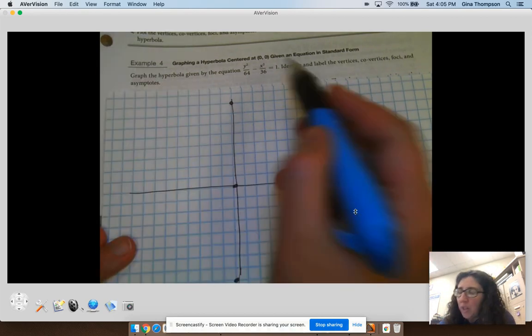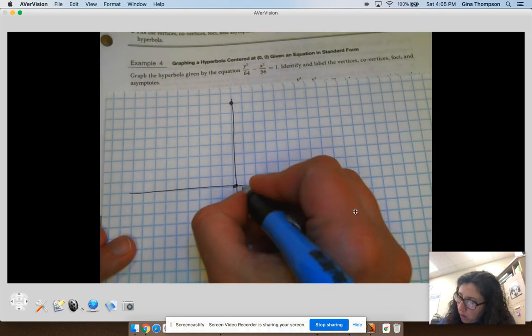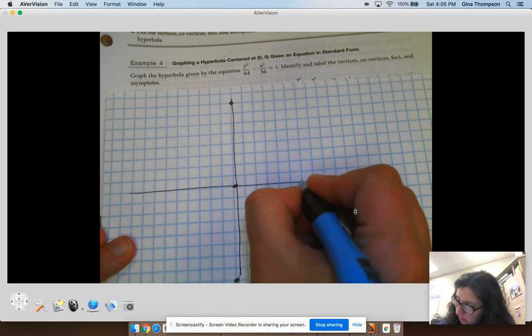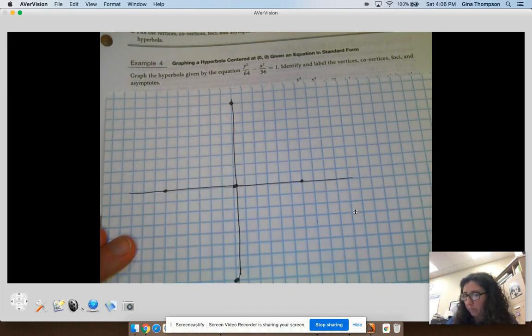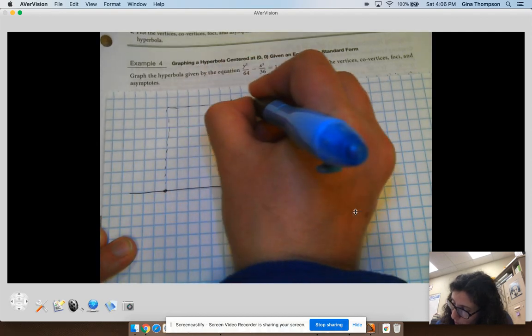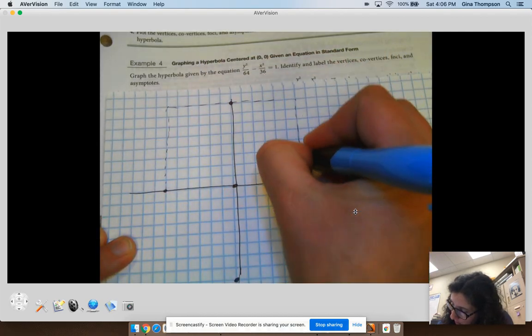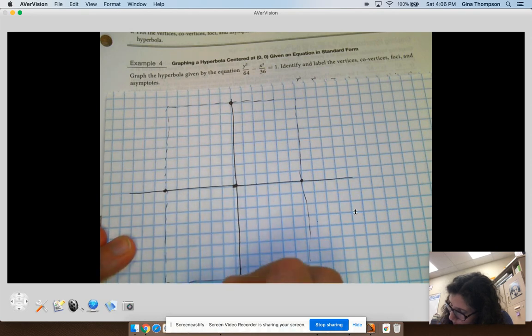So far, we've kind of been ignoring our B value, right? Our B value goes the other way. Our co-vertices are going to be 6 units. 1, 2, 3, 4, 5, 6. 1, 2, 3, 4, 5, 6 here. All right, and now we're going to make one of these dotted boxes. We're going to make a box that's as wide and as tall as our vertices and co-vertices are.